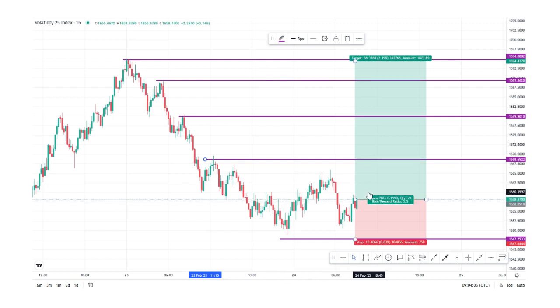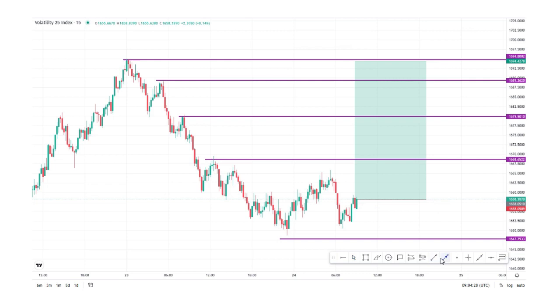But once I start seeing some rejections, some consolidations and every other thing, then that means I'm going to be closing part of my trade at TP1, then shifting my stop loss to break even at TP1. Once my price hits my TP1, I will simply shift my stop loss to my entry, which is break even.